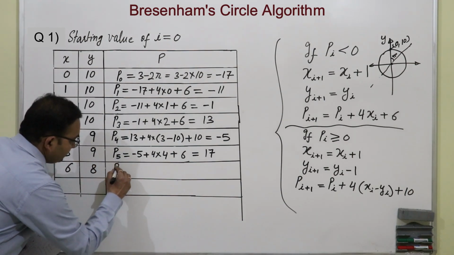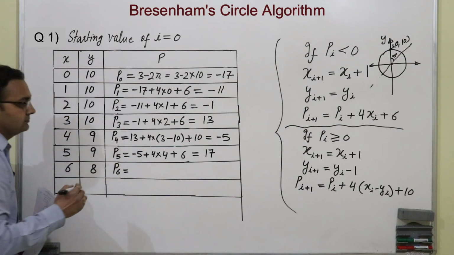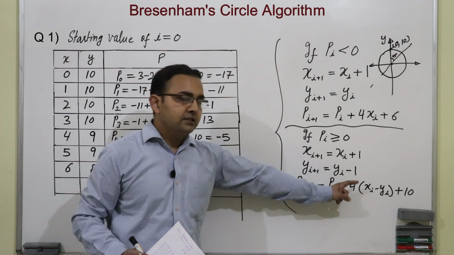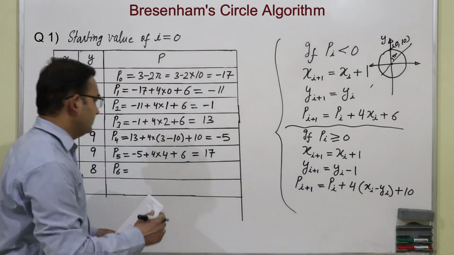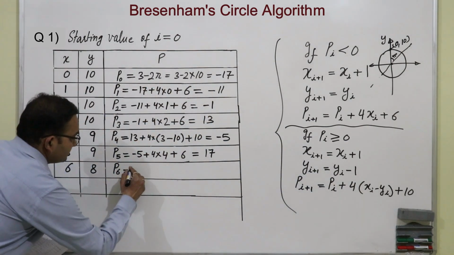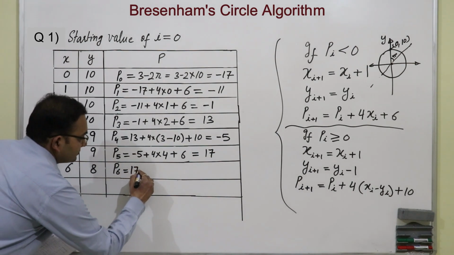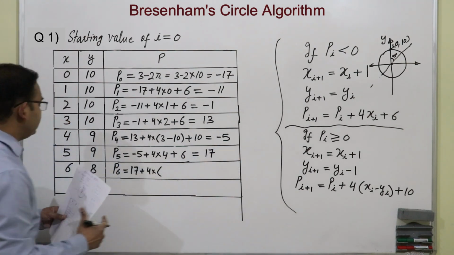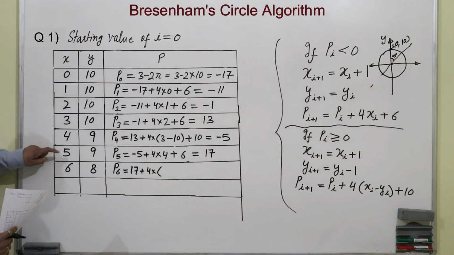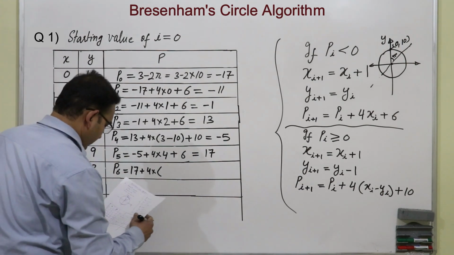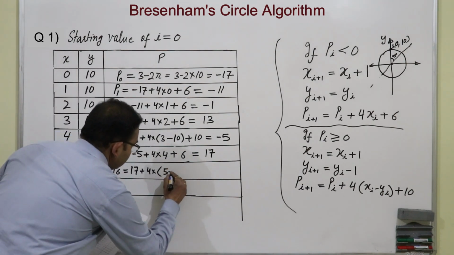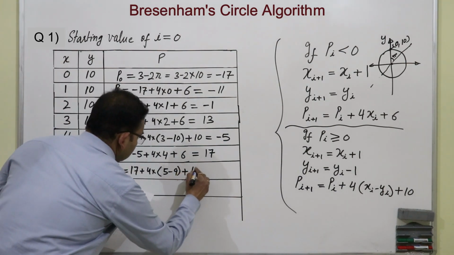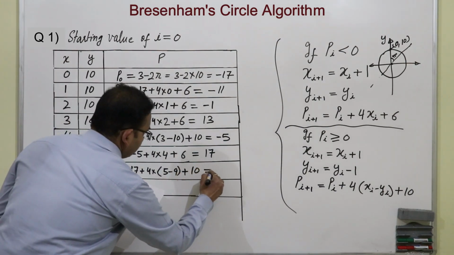Then P6, Pi plus 1 equals Pi plus 4 xi minus yi plus 10. So, it is 17 plus 4 into xi minus yi, which is 5 minus 9, plus 10, equal to 11.